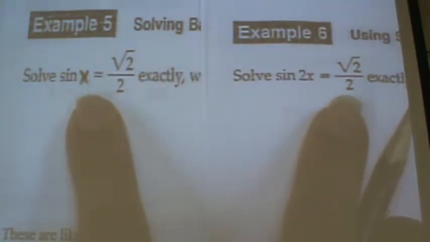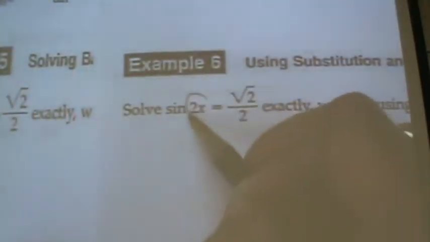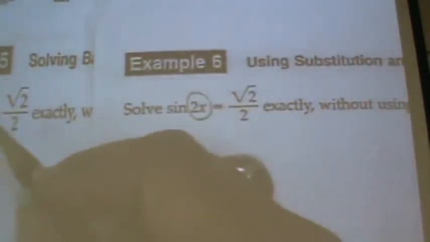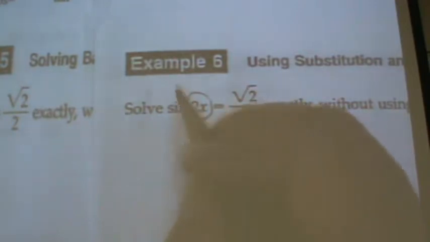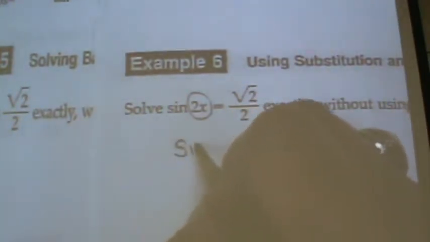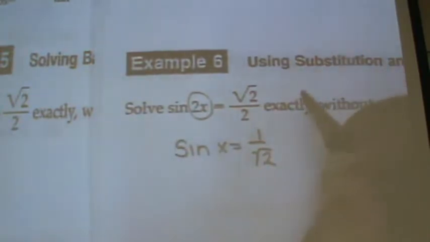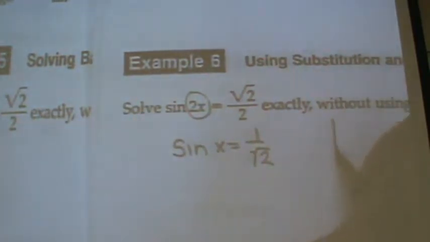So what you're going to do on these ones, you're going to ignore this little 2x for a second. You're going to solve this for root 2 over 2, just like you did on this problem. So what you would do is I would probably unrationalize this. I would say, okay, I'm in quadrant 1, 1 over root 2.